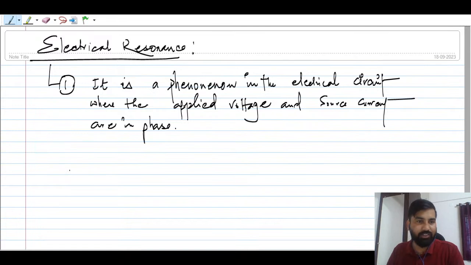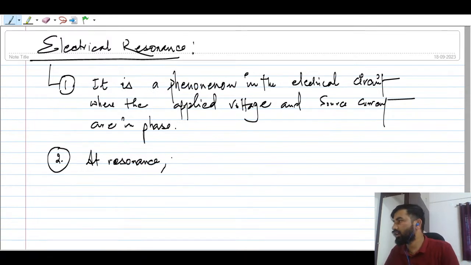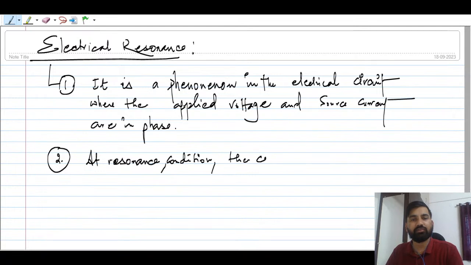The second point to keep in mind is that at resonance condition, we have the circuit as purely resistive.